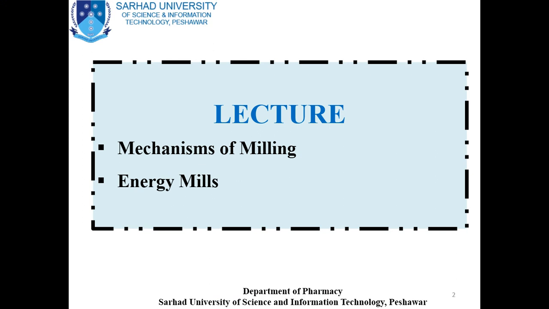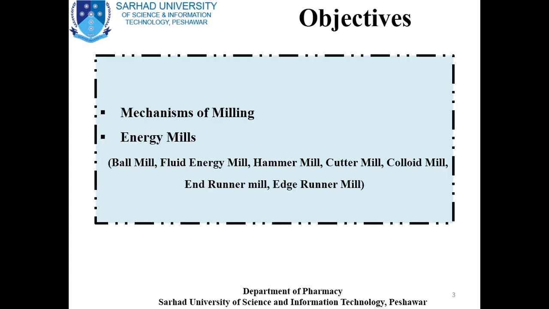Dear students, today's lecture is entitled Mechanisms of Milling and Energy Mill. The main objectives of today's lecture are to learn about the different mechanisms involved in particle size reduction and different types of energy mill.